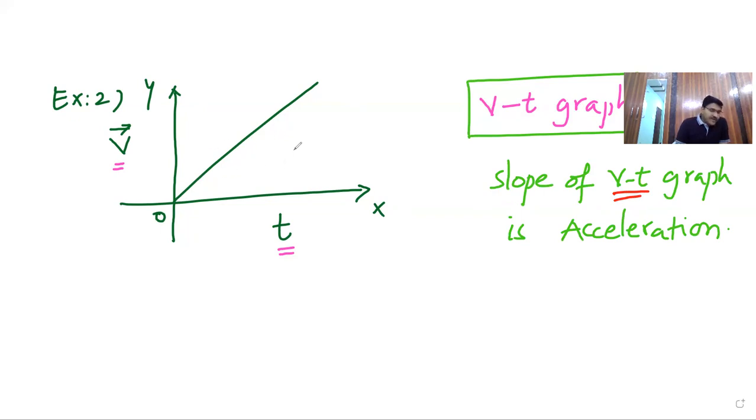Suppose I draw a line parallel to the x-axis, this straight line is making theta here. That means theta is constant. When theta is constant, slope is constant. When slope is constant, since the slope of the VT graph is nothing but acceleration, acceleration is also constant.